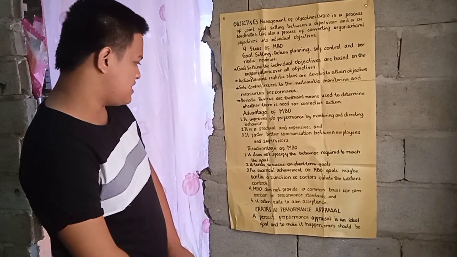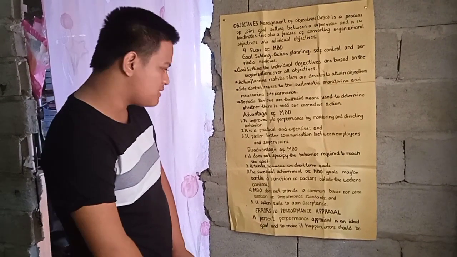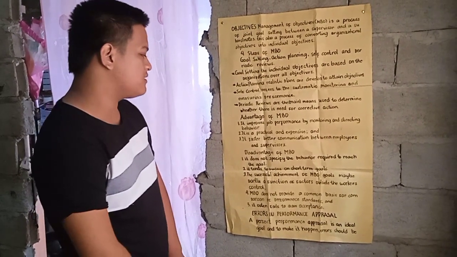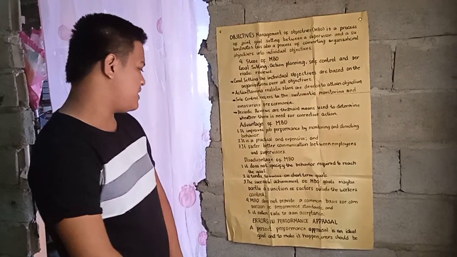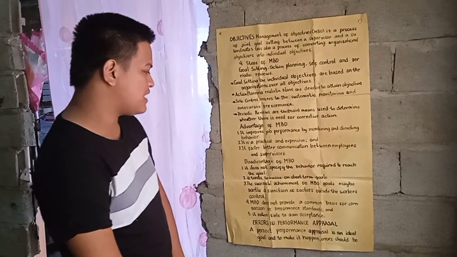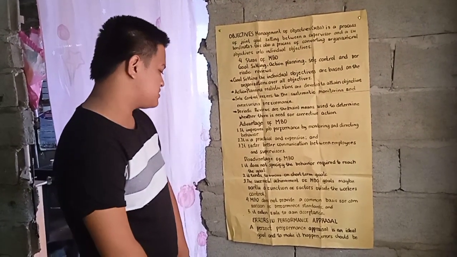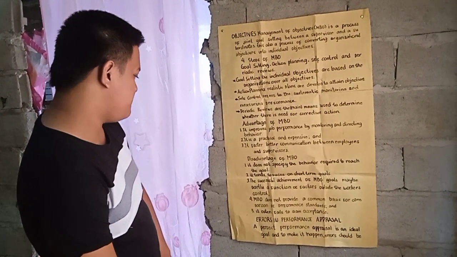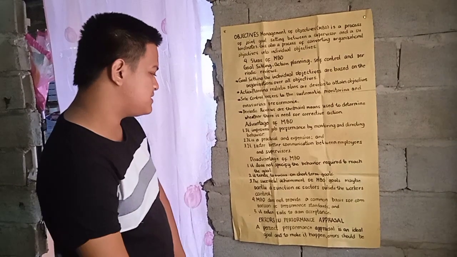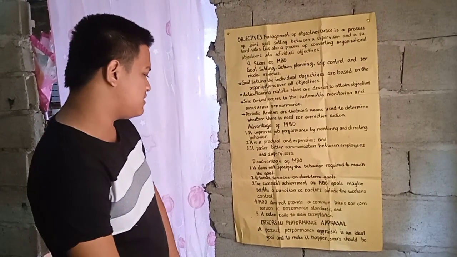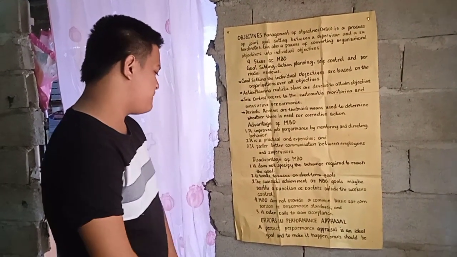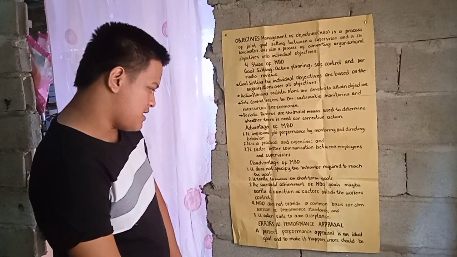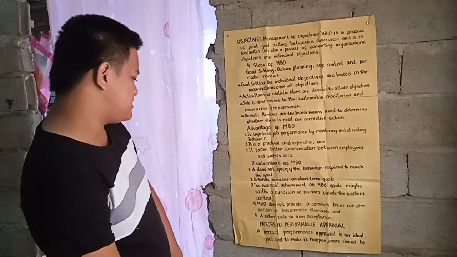Second is it tends to focus on short-term goals. Third is the successful achievement of MBO goals may be partly a function of factors outside the worker's control. Fourth is MBO does not provide a common basis for comparison of performance standards. Fifth is it often fails to gain acceptance.